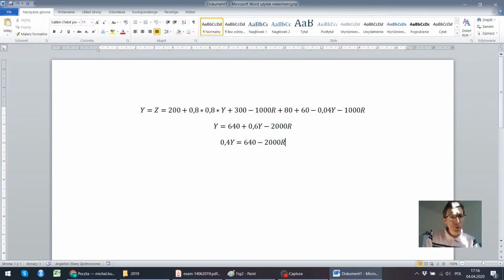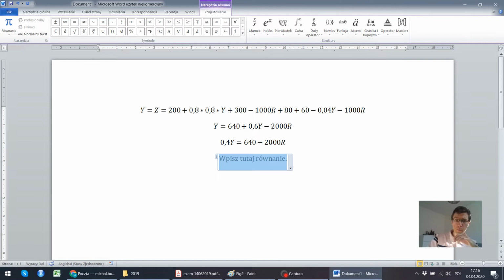Now, why did I put it like this? Because now we are going to divide both sides by 0.4, which means multiplying by 2.5. And this 2.5 is a very important number, as you know. This is not any number. This is the multiplier in the economy. And this will be useful in the following points.